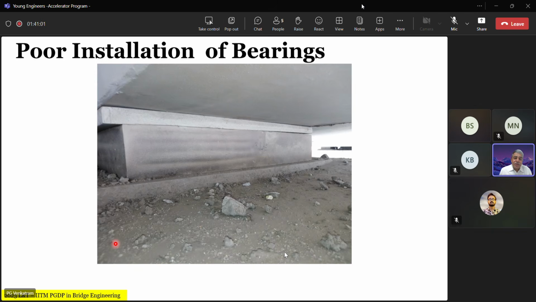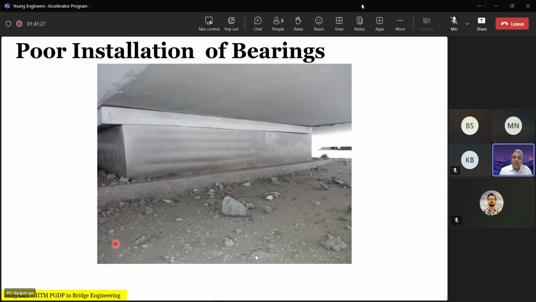Naina, next your turn. What's wrong with that? Or there's nothing wrong. You can also take that choice. Can't guess? The photograph, I thought, was quite clear. There's some gap between the bearing and the plate above it, sir.